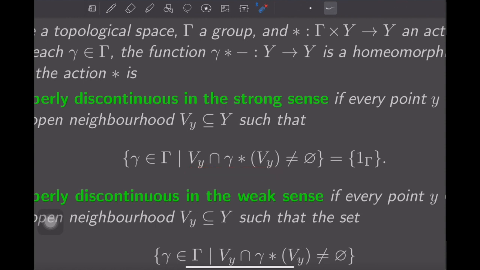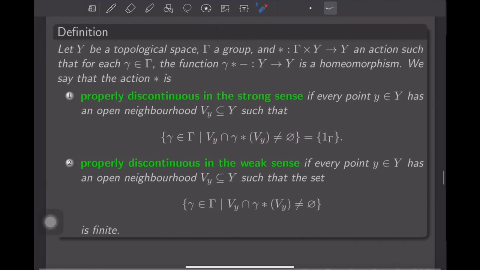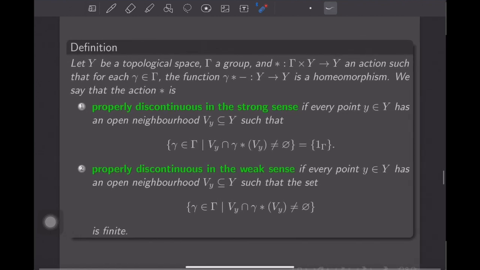In other words, the only element of gamma that doesn't move Vy very far away, that has the property that after moving I still intersect Vy non-vacuously, is the identity. So all non-identity elements move Vy sufficiently far away. Okay, so that's proper discontinuity in the strong sense.